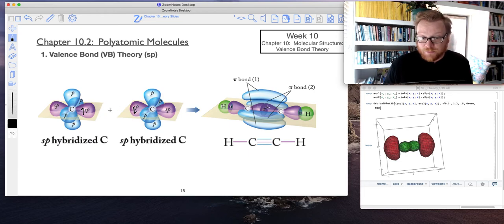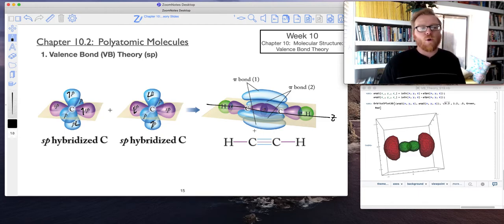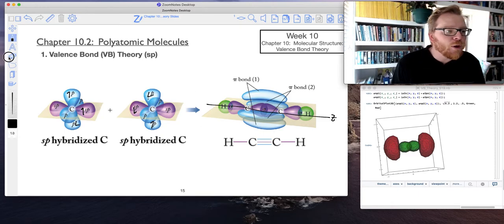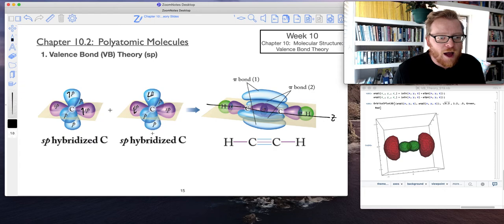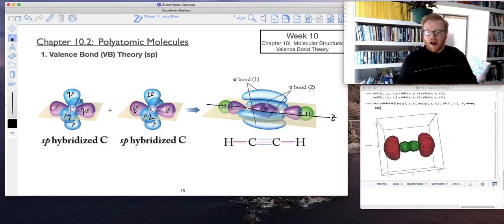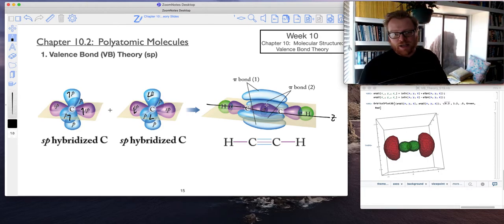Those form together to make my sigma bond, down my internuclear axis. But now I've got an extra electron up here. I've got an extra electron up here. I've got an extra electron up here. And I've got an extra electron up here to form, oops, I drew those 90 degrees. So those should be right here and here, 90 degrees relative to each other, to give me 2 pi bonds and a sigma bond, which we know as the observed bonding.